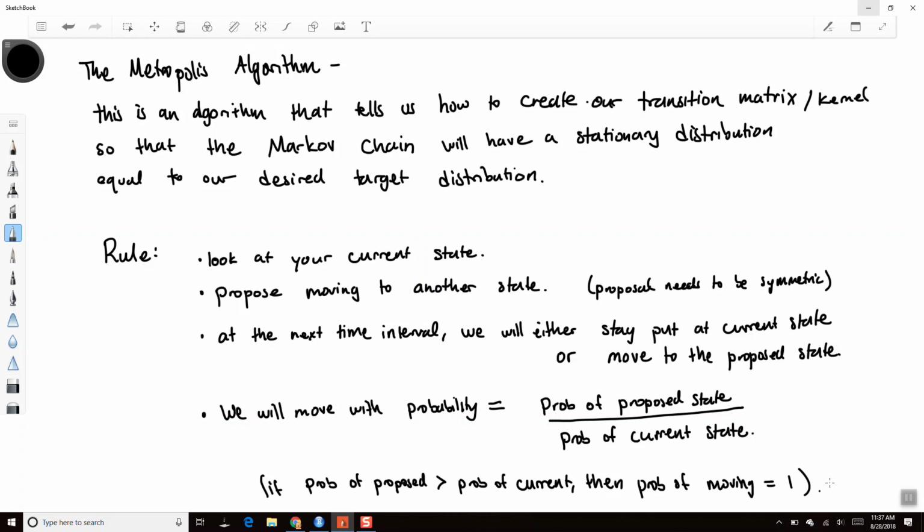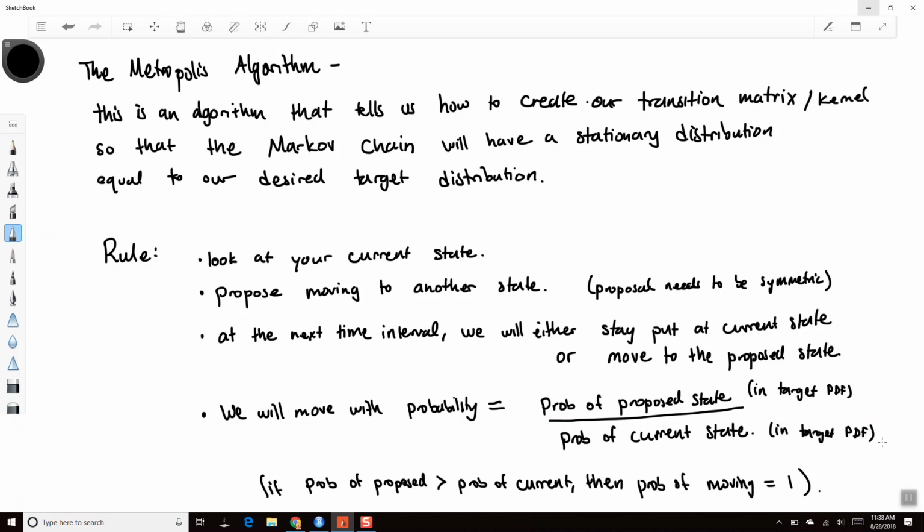And if you define your transition matrix according to this rule here, the resulting Markov chain will have the target distribution, okay? What is the target distribution in the first place? Well, the target distribution defines the probability of the proposed state divided by the probability of the current state. We will move with probability of the proposed state in the target PDF over the probability of the current state in the target PDF.